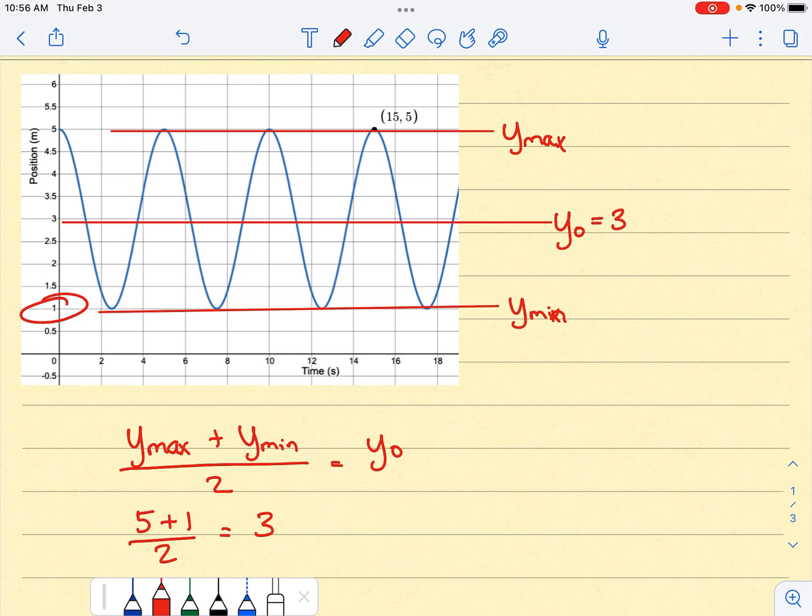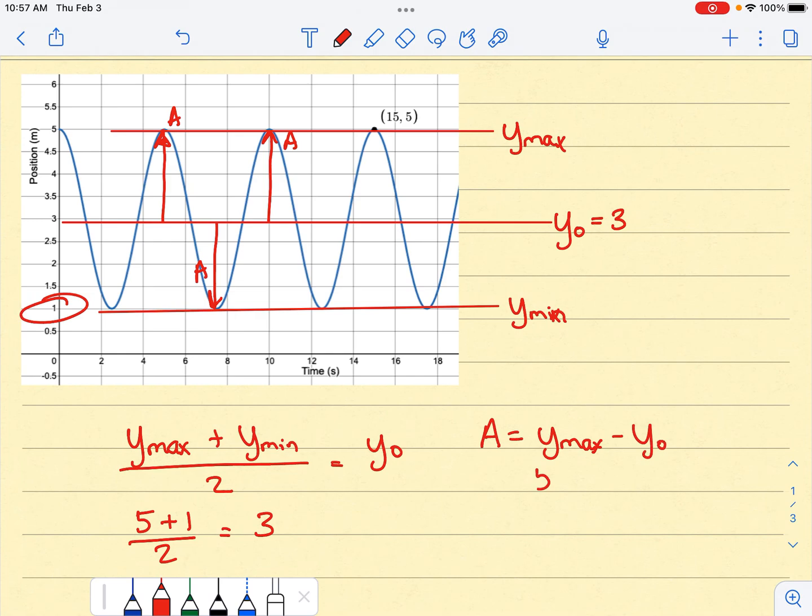Okay, the next thing we want to do is figure out the amplitude of the oscillation. The amplitude of the oscillation is the maximum displacement from equilibrium. So we call that the amplitude, and this would be the amplitude, and that would be the amplitude. So to figure out the amplitude, we can simply take y max and subtract the equilibrium position.